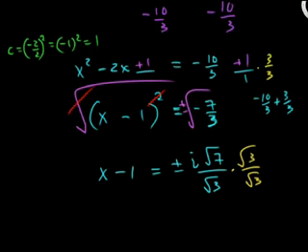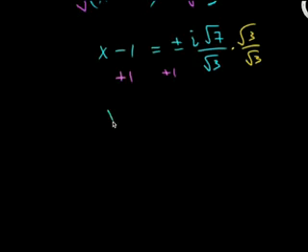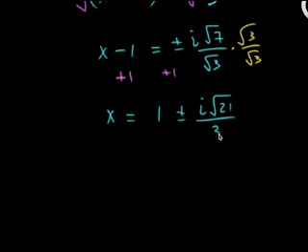At the same time, I might as well add 1 to both sides to get x by itself. So I'm kind of combining two steps in one, simplifying and solving. So I'll get x equals 1 plus or minus i times root 7 times root 3, which is square root of 21, over root 3 times root 3, which is root 9, which is 3.